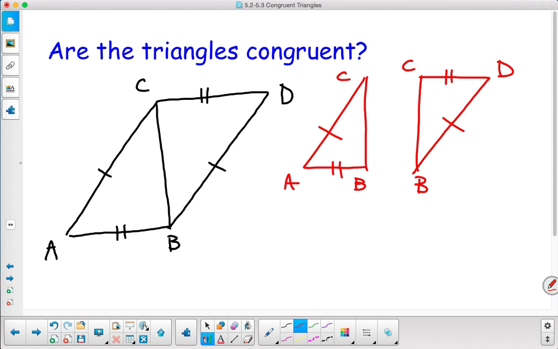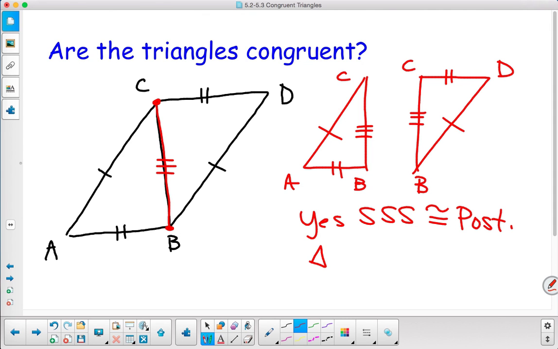Now that's all that was marked. But notice those two triangles are hooked together. This segment CB is the same length in both triangles. So the segment CB is the same as CB there. We'll be talking about that would be supported by the reflexive property, that a segment is congruent to itself. Now if you look at the two red triangles off to the right, you can see side, side, side. So are those triangles congruent? Yes, they are.